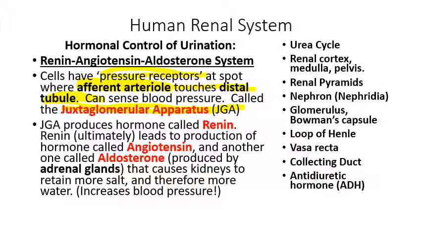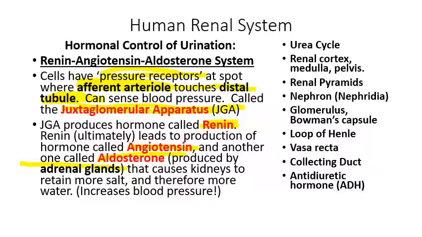Right? If the blood pressure is perceived by the JGA to be too high, it releases a hormone called renin. And renin, through a whole bunch of indirect steps, ultimately leads to the production of a hormone called angiotensin and another hormone called aldosterone, which is produced by the adrenal glands.